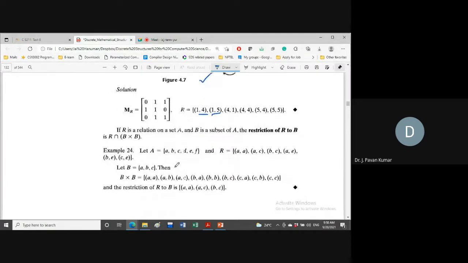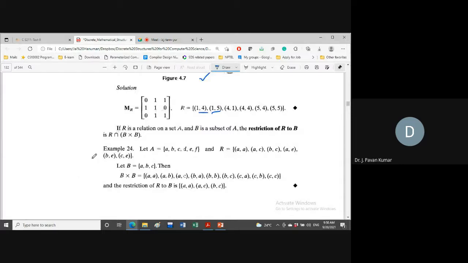Now coming to R2, how we will define it, and accordingly how we can have MR2. This is the point that you have to understand. Suppose we are having R as 1 comma 4, 1 comma 5, 4 comma 1, 4 comma 4, 5 comma 4, 5 comma 5. Now R2, in the sense, can we have 1 comma 5 as part of R2?